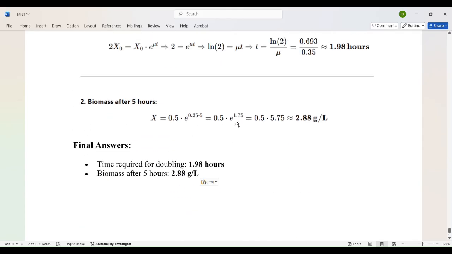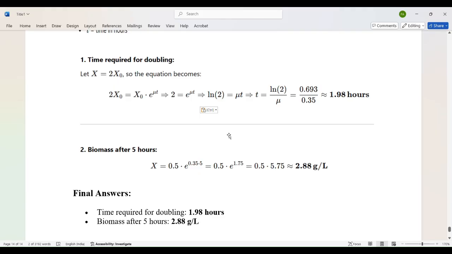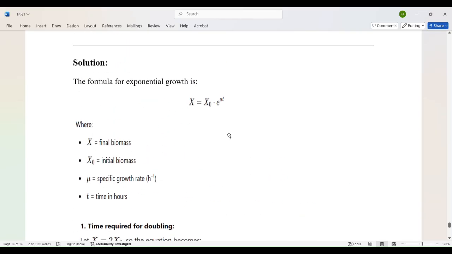So e to the power 0.35 into 5, so e to the power 1.75 multiplied by 0.5. You simply calculate this on your scientific calculator and you get this answer, 2.88 grams per liter. This will be the biomass after 5 hours. So per liter of broth, I will have 2.88 grams of biomass after 5 hours from the start of the reaction.